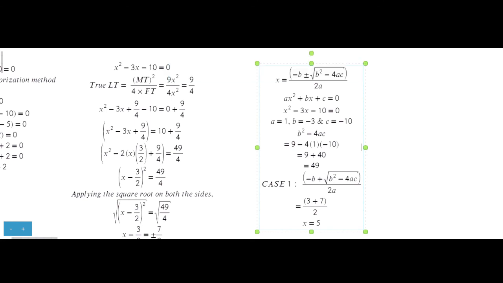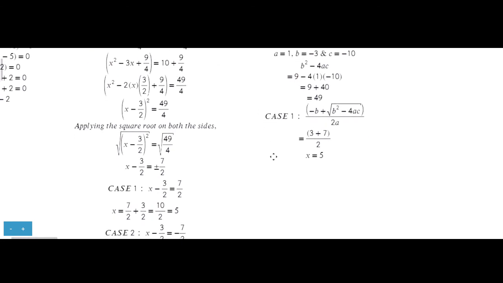Similarly, solve the same for case 2, taking the negative sign into consideration. Case 2 is, do not forget to write down the formula here, because the more you practice writing the formula, the easier it will be for you to memorize, and the chances of forgetting the formula will be less.